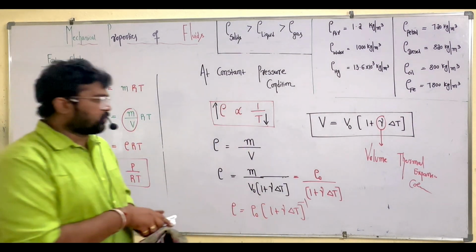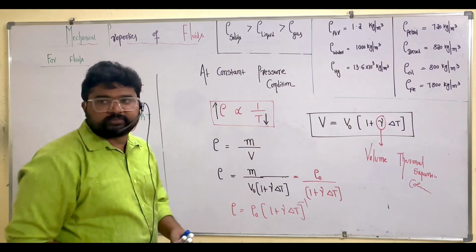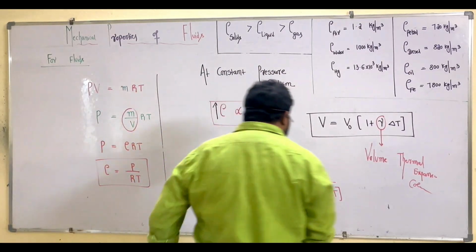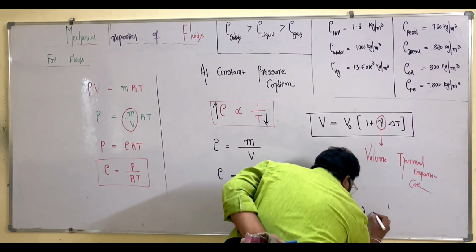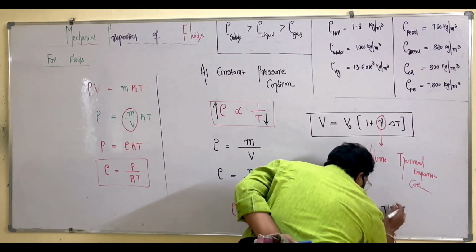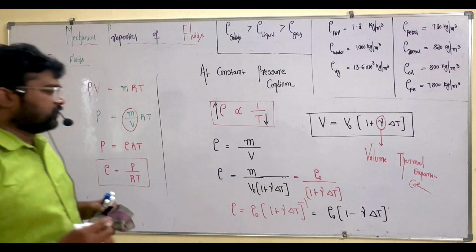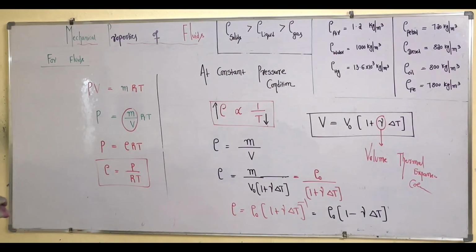Apply Taylor approximation, -1 comes to the front. What comes? Rho naught into 1 minus gamma delta T.